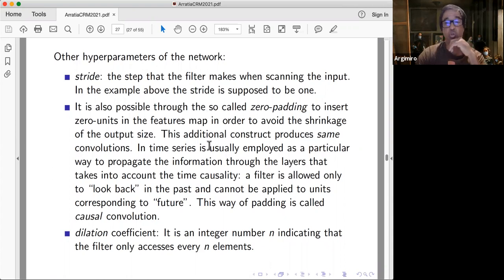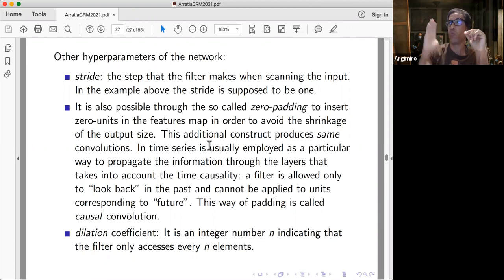And also you can add dummy neurons, dummy units, in order to avoid problems when you do the convolution or the mapping from one layer of the network to the next.